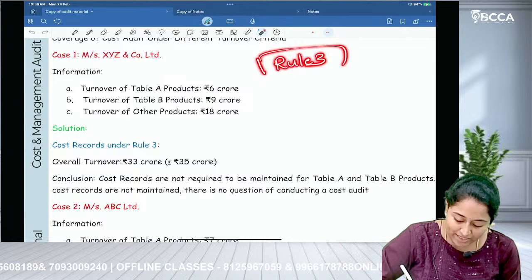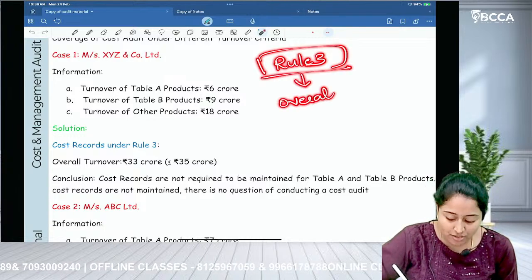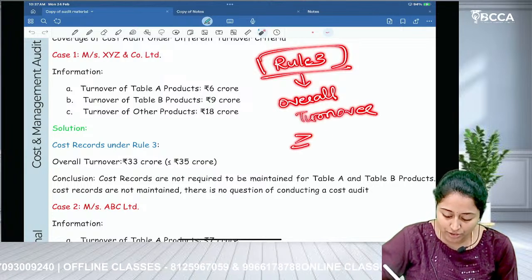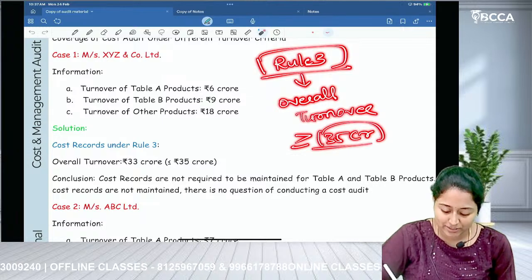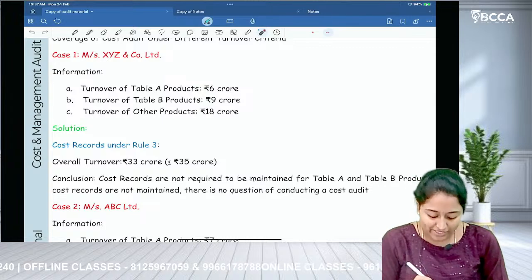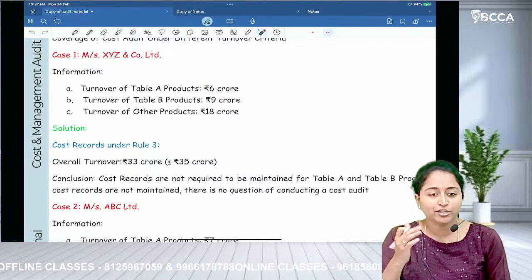Rule 3 is regarding cost records, right? Now what is the limit? Overall turnover, it is not individual, right? Overall turnover should be more than or equal to 35 crores, isn't it? Now, is it more than or equal to 35 crores? No, it is only 33 crores, which means cost records need not be maintained.